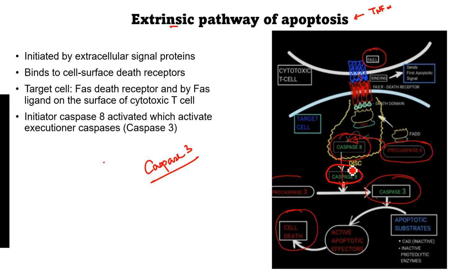Once caspase 3 is activated, the apoptotic substrates, which were inactive, get activated, and ultimately it results in cell death.